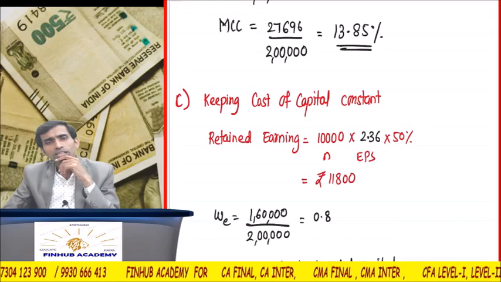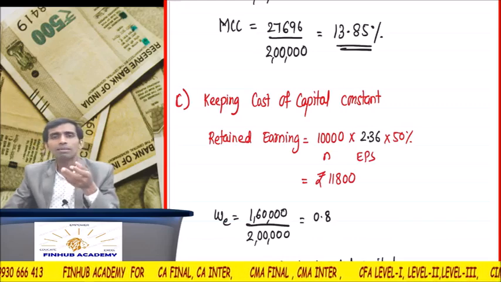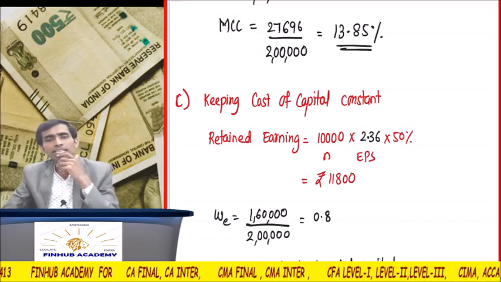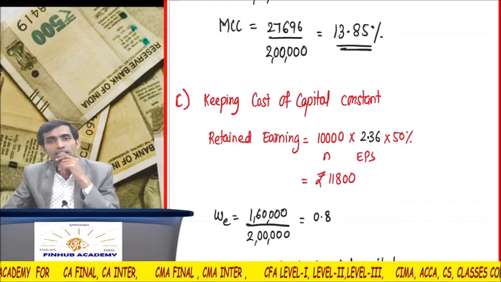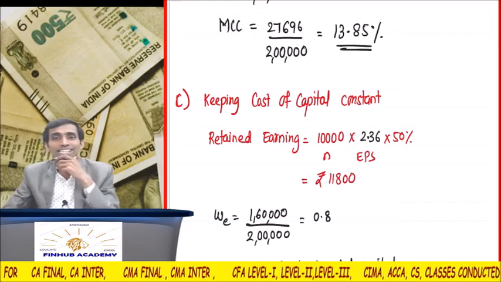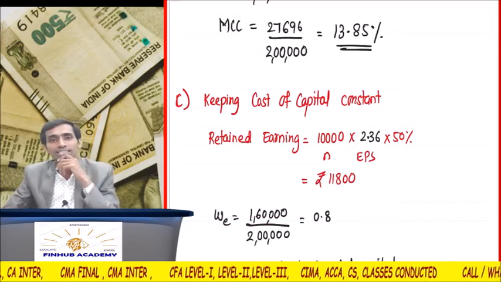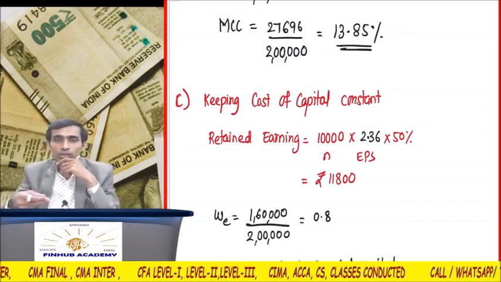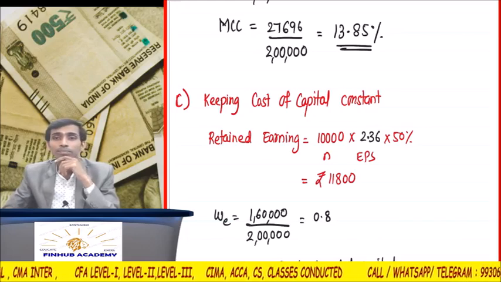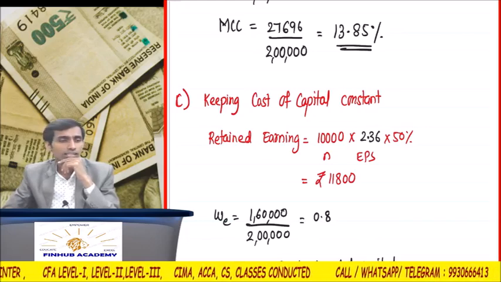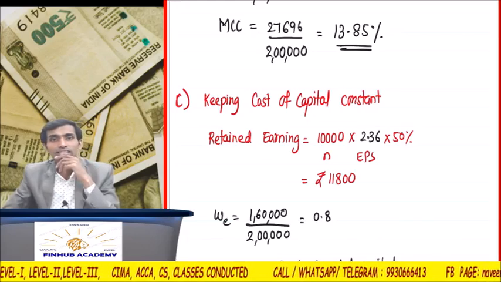Okay, sir. What will happen if it is multiplied by 10,000? Number of shares times issue price, 10,000 multiplied by 20, what will you get? Amount raised. Why did you not consider that amount for equity share? I considered that only.